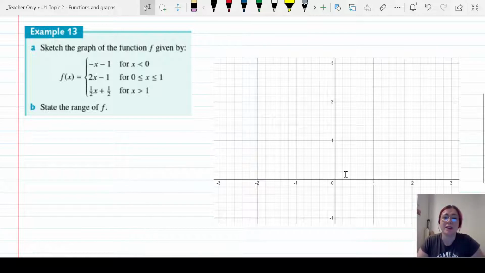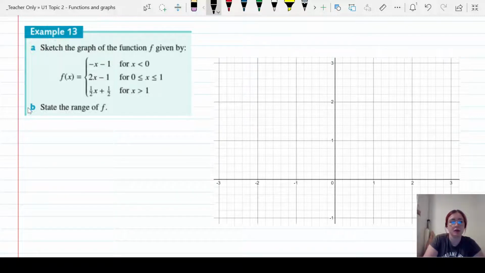So the easiest way to sketch a piecewise function is to work out where the endpoints of your segment are, or certain little points on it, especially when they're straight line relations like this one. So if we think of negative x minus 1, when x is less than 0, let's pick a value that's less than 0.